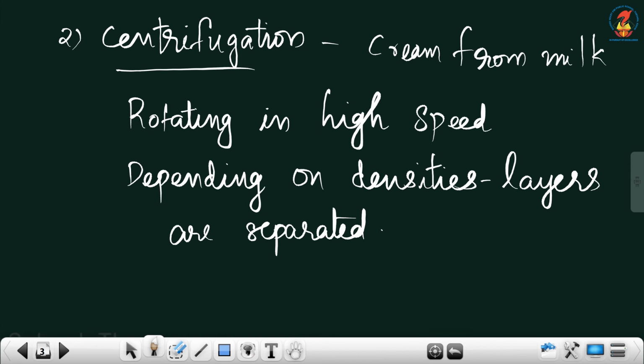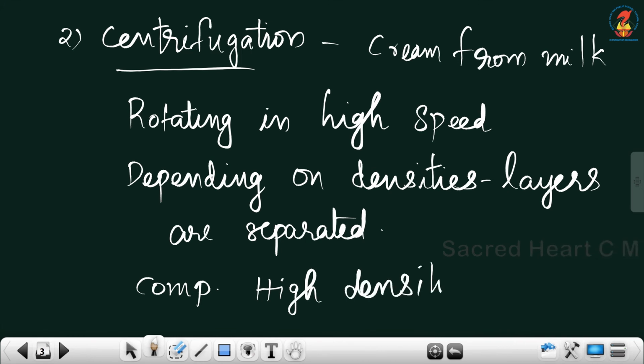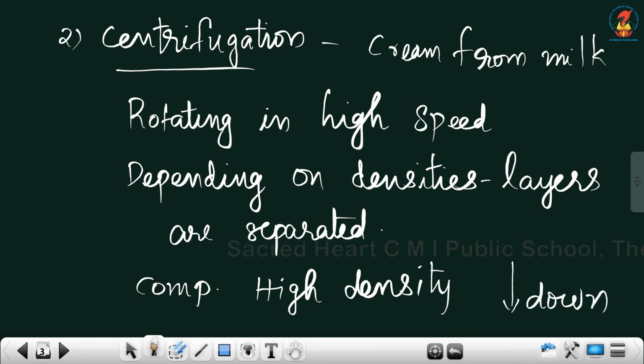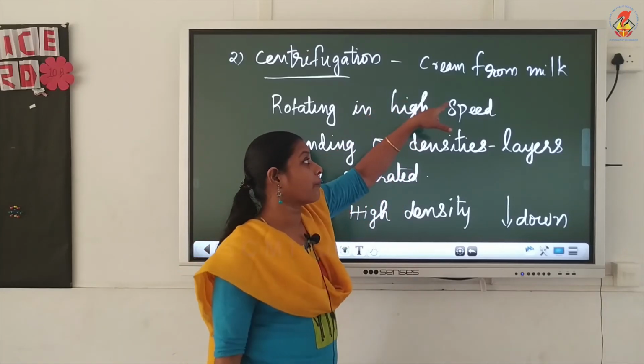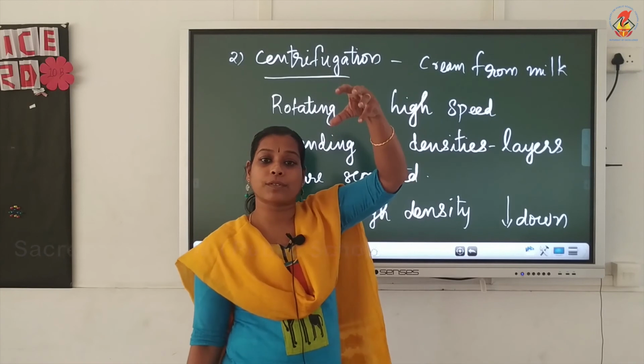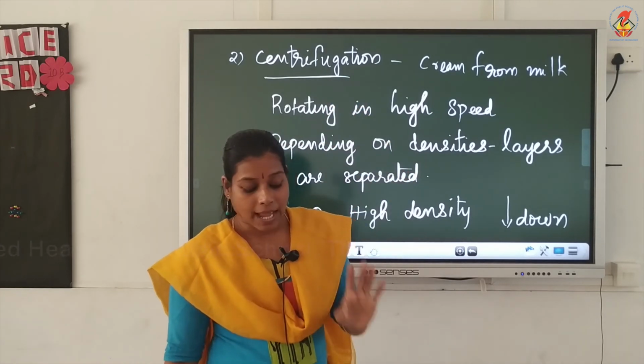During that rotation, the component with the higher density will be forced down. The component with the lesser density will come to the top. So here in the mixture of cream and milk, cream will be forced to the top and milk will go down.